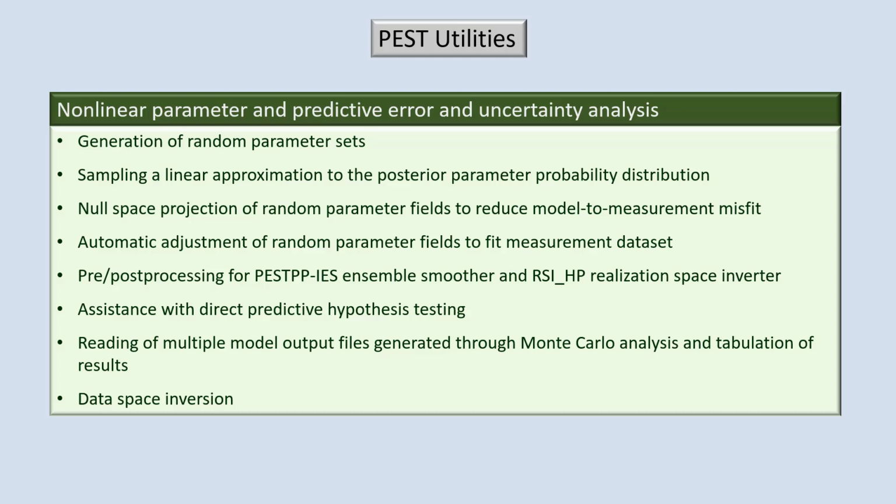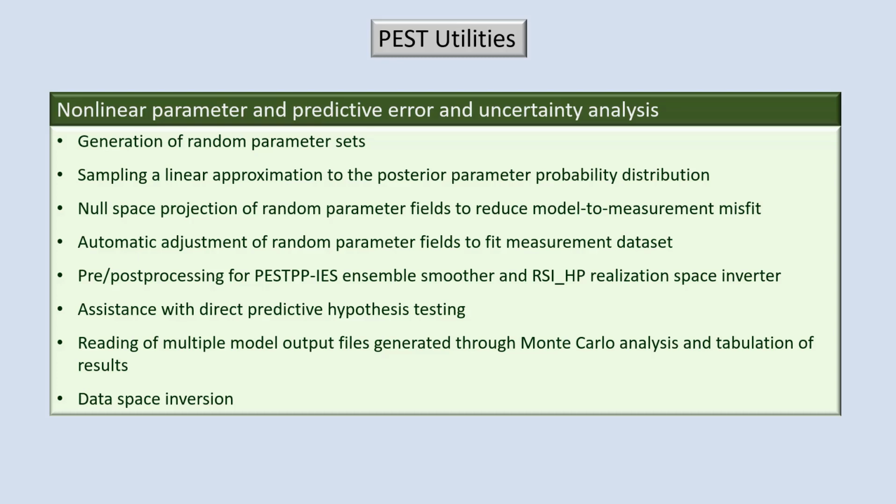We can sample a linear approximation to the posterior parameter probability distribution. Other utilities can set up PEST so that it can then adjust those samples of a linear approximation to the posterior parameter probability distribution such that those parameters actually become samples of the true posterior parameter probability distribution.